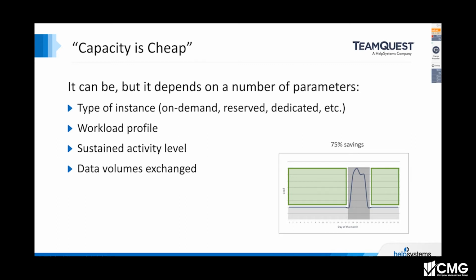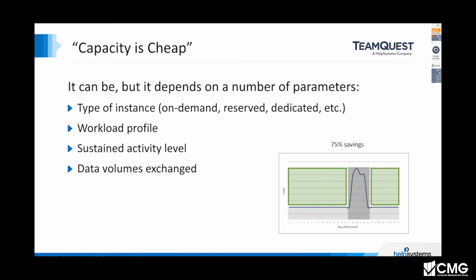You need to understand what type of instance you should use. For workloads with a fairly high sustained level of activity, you should probably go for reserved instances, whereas in the case of highly flexible or peaky workloads, it's probably an on-demand solution that is best for you.